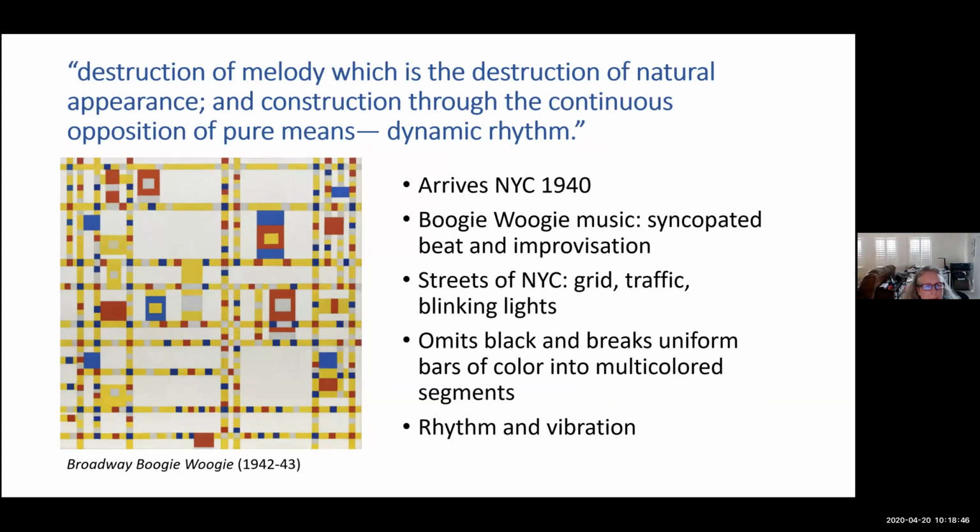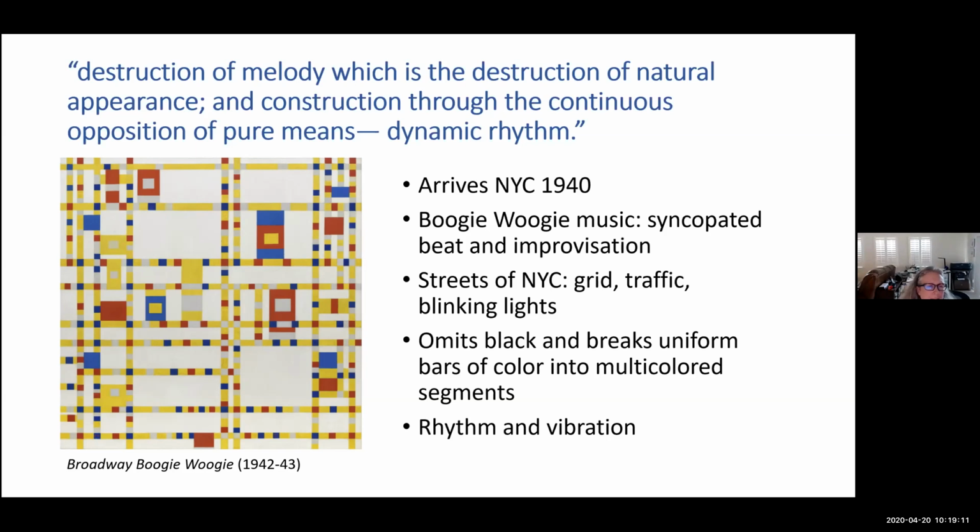And he captures that in this painting. You can see the black lines are no longer black lines. They are lines of color, it's almost like they're tracks. And there's a beat and a syncopation to it with the red, the yellow, the gray, and the blue.